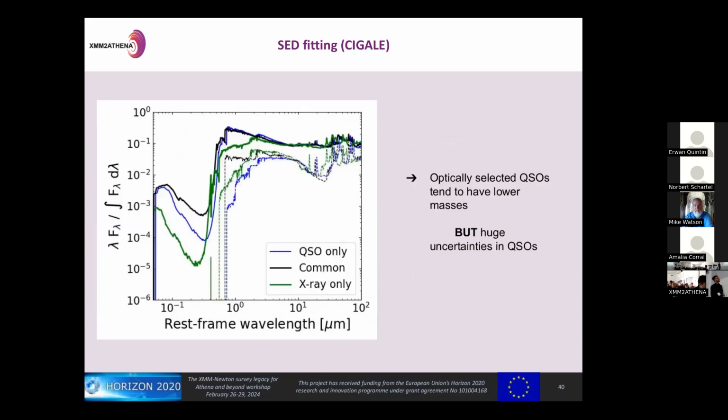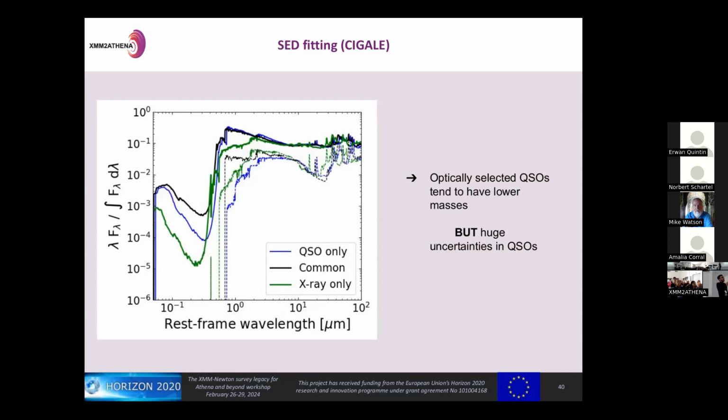The solid lines are again the median SEDs. For the QSO only sample it is the blue one. The common sources are very similar to the QSO sample, and the X-ray sample falls here. With the dashed lines, I show the median host galaxy contribution to the total emission of these sources.